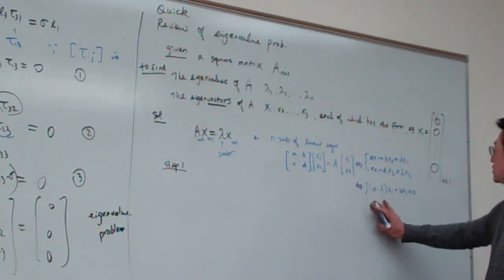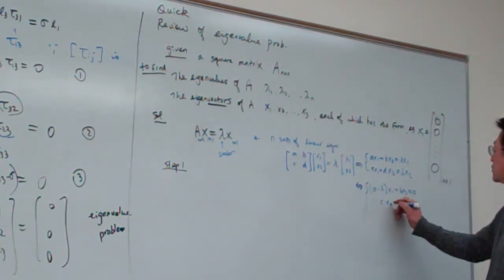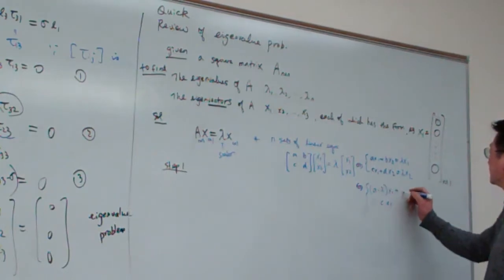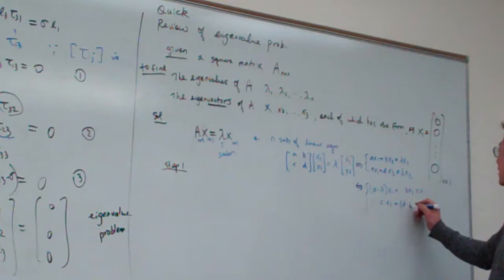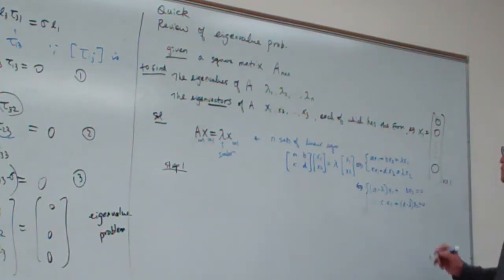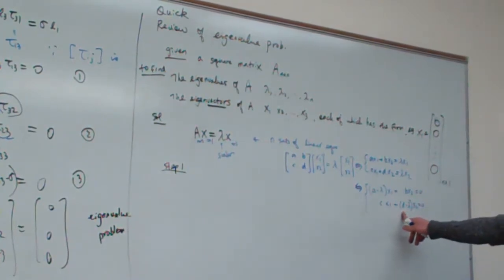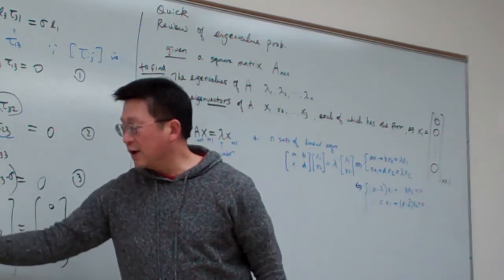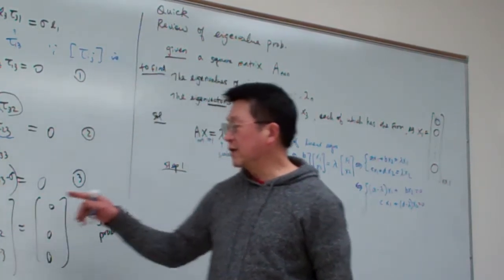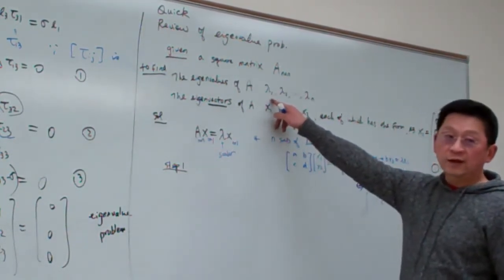The second equation becomes cx1 plus d minus lambda, x2 equal to 0. So you can see this form matches our form here, and the sigma here is pretty much the eigenvalue lambda.